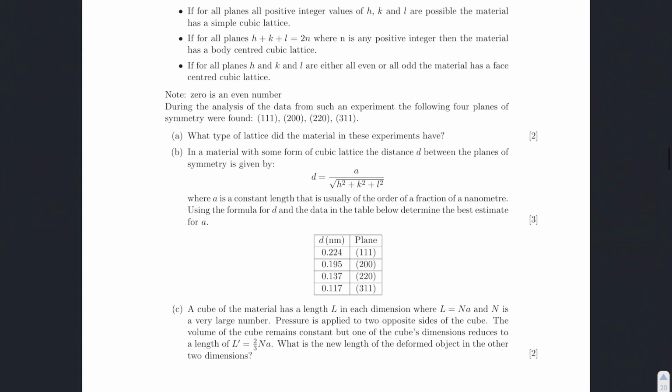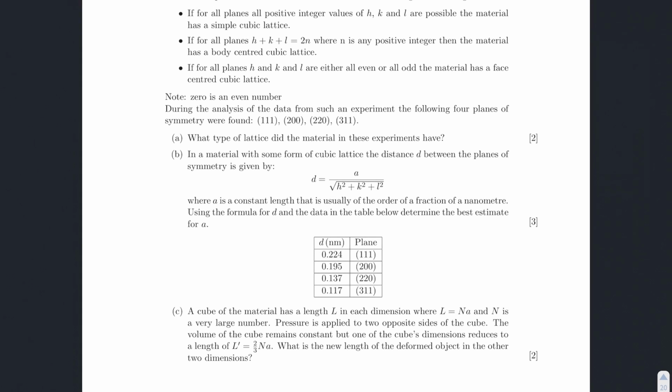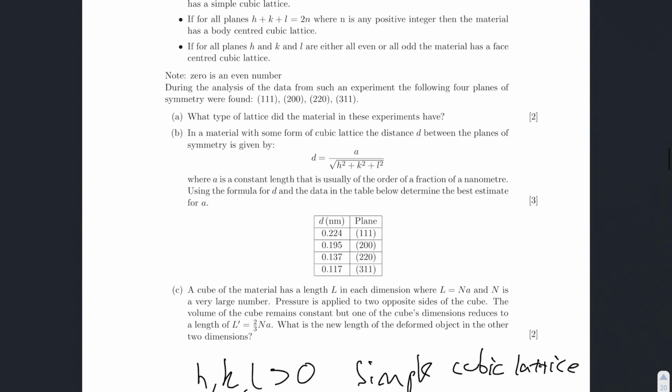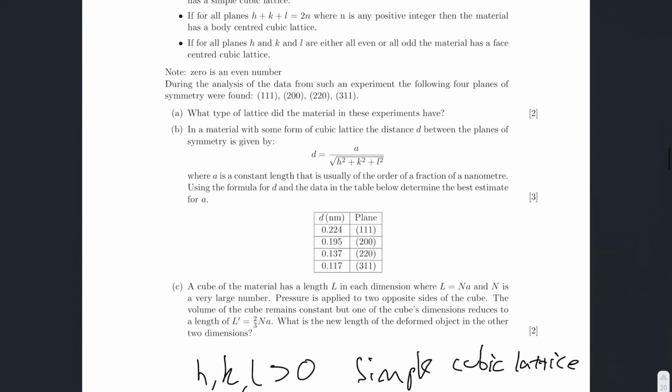If for all planes all positive integer values of HKL are possible, then there's a simple cubic lattice. So if we have HKL bigger than 0, it is then a simple cubic lattice. If we have H plus K plus L equals 2n, where n is positive, then this is a body-centered cubic.